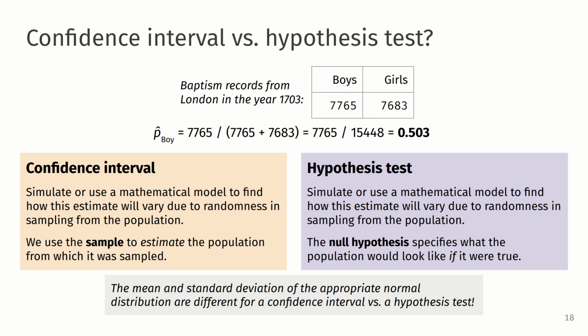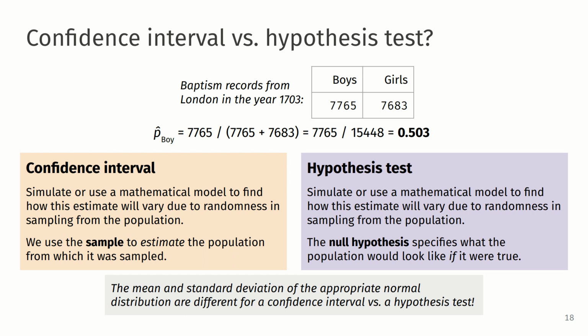With hypothesis testing, it looks somewhat similar. We're simulating or using a mathematical model to find how this estimate will vary due to randomness and sampling from the population, but when we're doing a hypothesis test, we're not basing our simulations on how the sample looks.